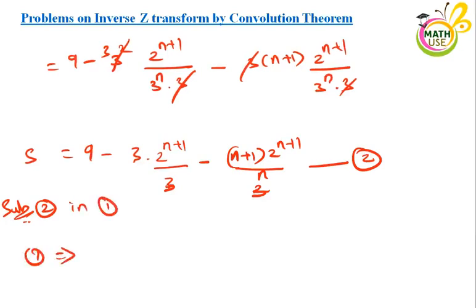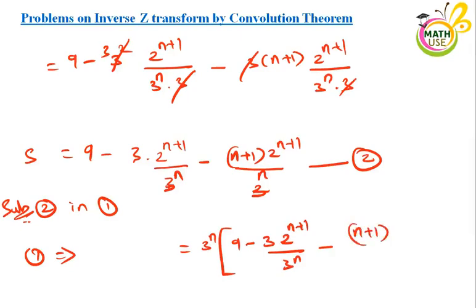So equation 1 implies 3 power n into 9 minus 3 power n, 2 power n plus 1 divided by 3 power n, minus n plus 1 into 2 power n plus 1 divided by 3 power n.